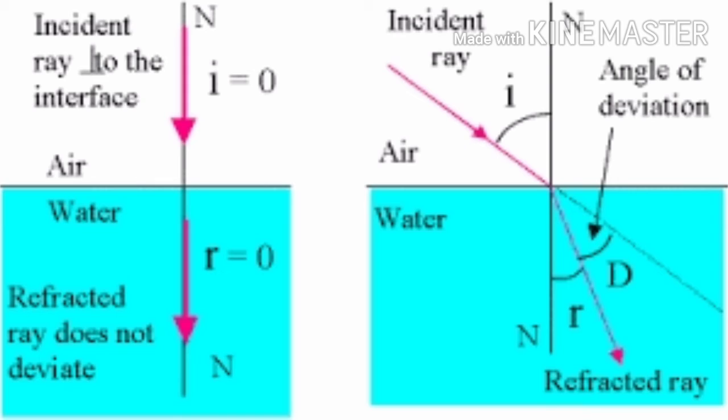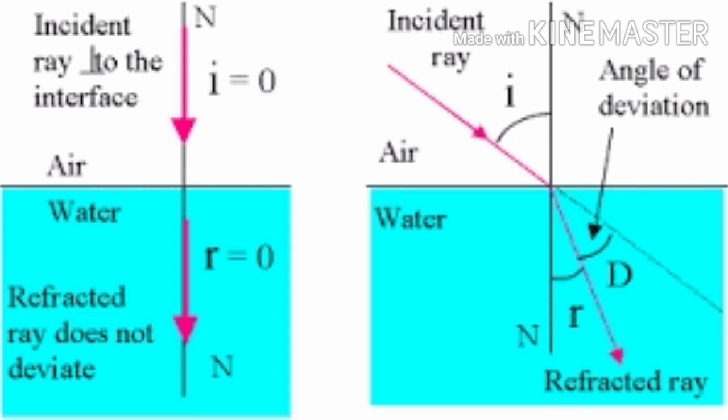Students, you can observe one more thing here. Going from air to water, the deviation is close to the normal. That means the incident ray angle is more than the refracted ray angle, so the light ray is deviated towards the normal.